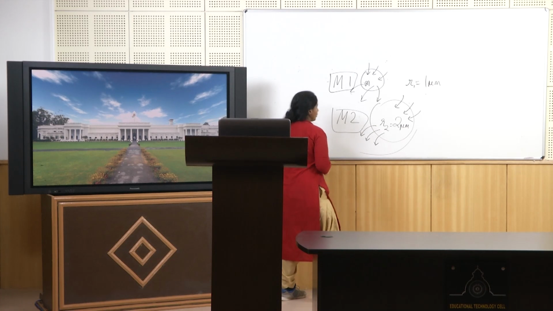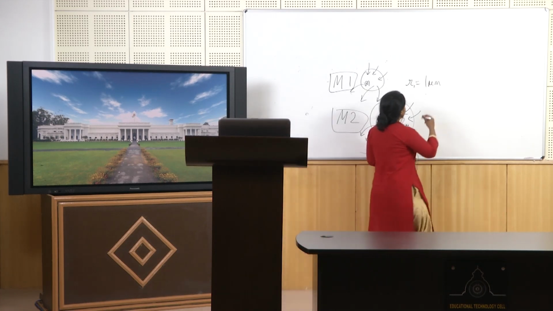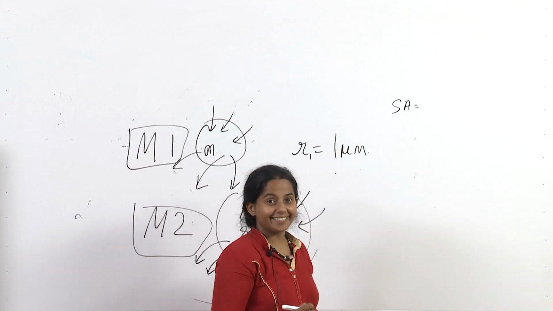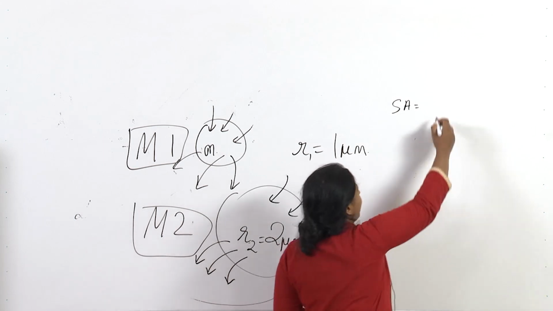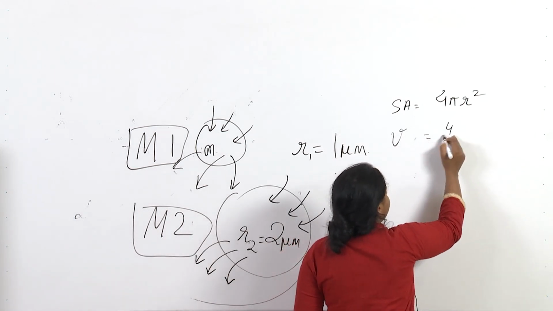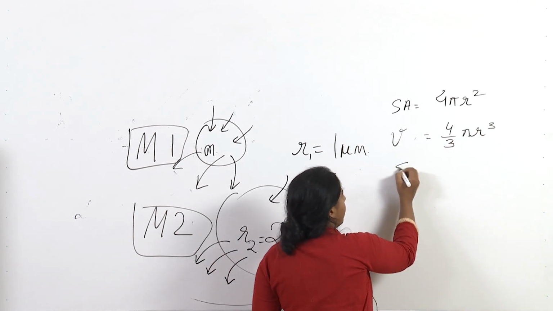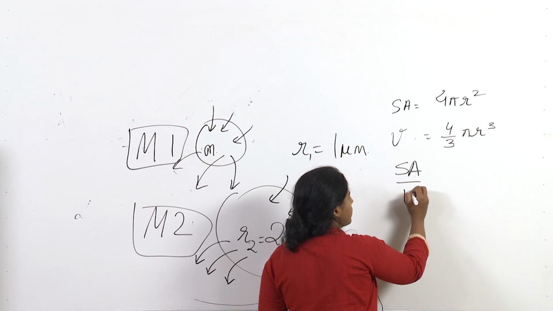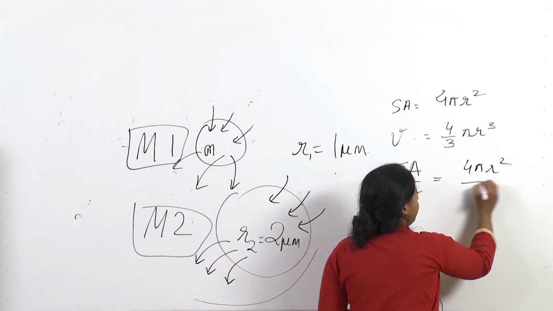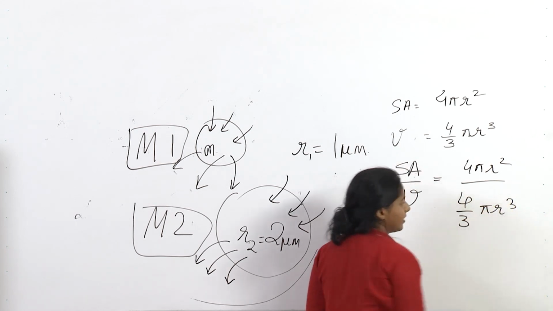So for surface area to volume, let's imagine that they are perfectly spherical. For both microbes, the surface area would be given by 4 pi r squared, and their volume would be given by 4/3 pi r cubed. So for both microbes, regardless of their radius, the surface area to volume ratio would be 4 pi r squared divided by 4/3 pi r cubed.